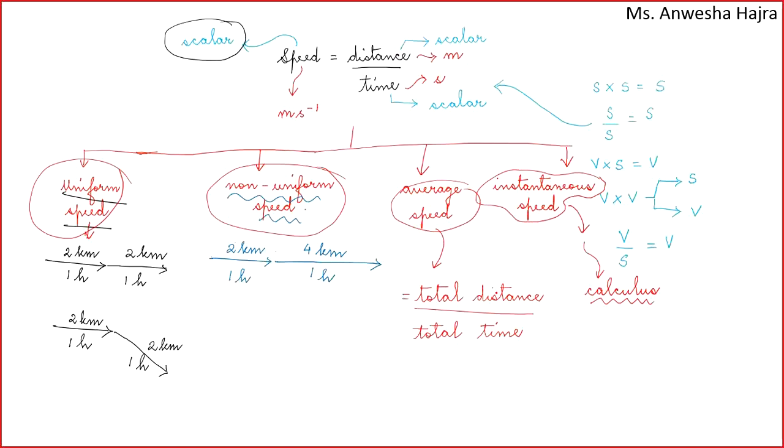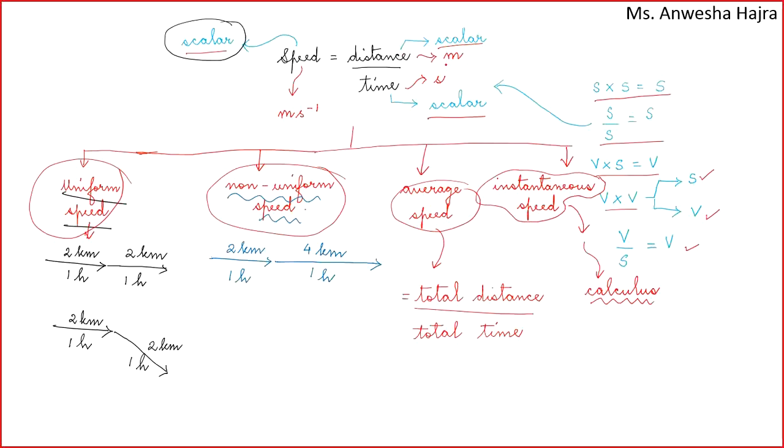Then we went to what is speed. Speed is distance by time, and I said scalar into scalar will give scalar, scalar by scalar is scalar, vector into scalar is vector, vector into vector may give a scalar quantity or a vector quantity, vector by scalar is vector. Here distance was scalar, time was scalar, so speed was scalar.